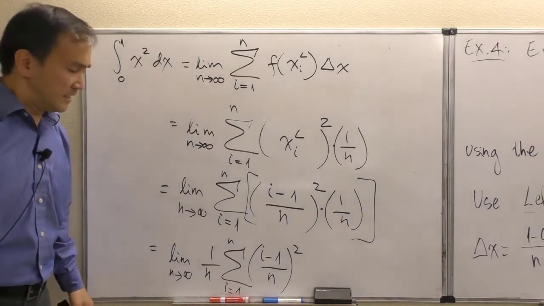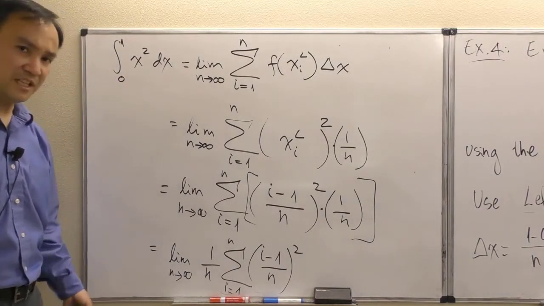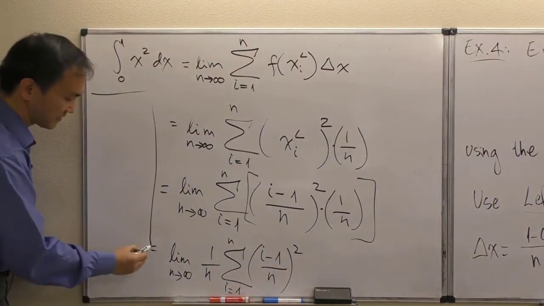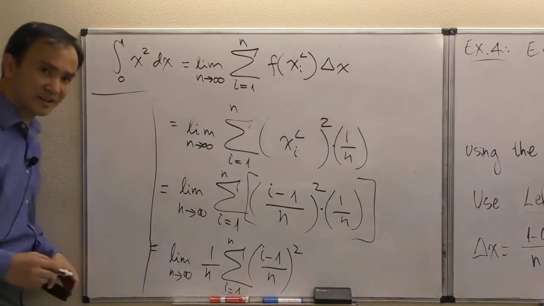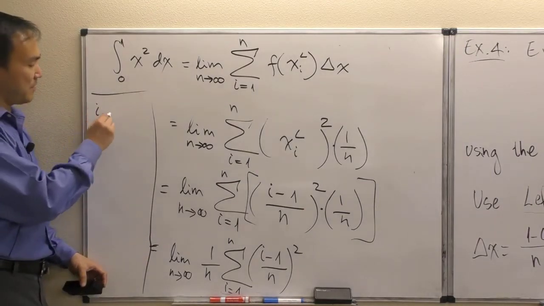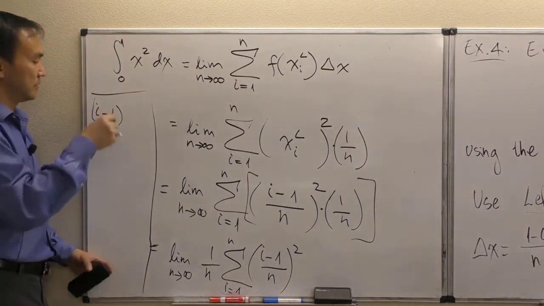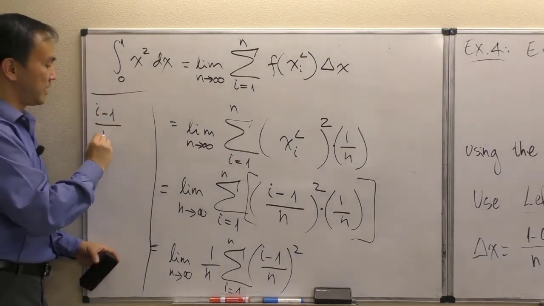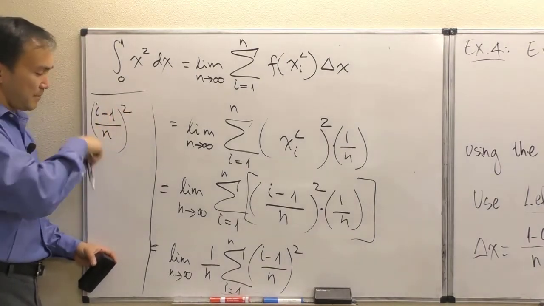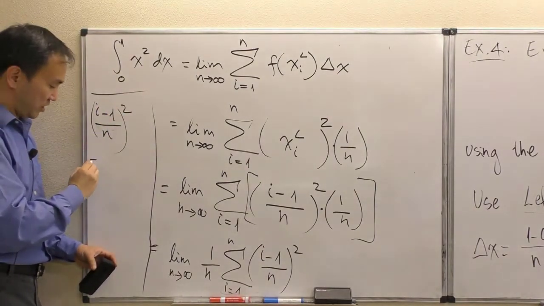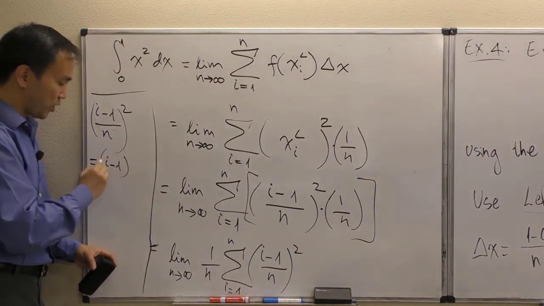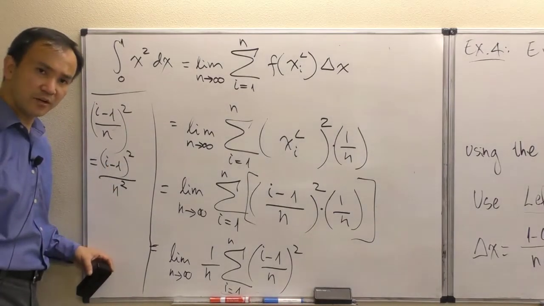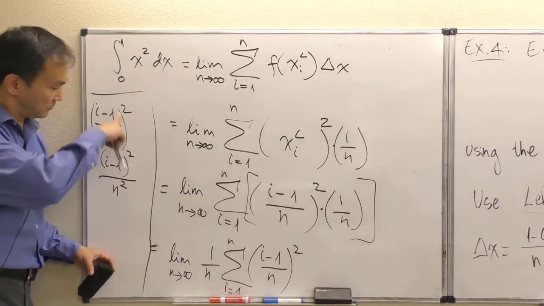Even further, as a little scratch work in a little margin of my board here, (i minus 1) over n, all squared, algebraically equals (i minus 1) all squared over n squared.